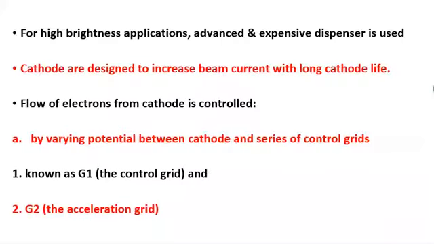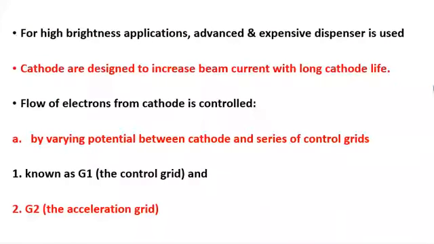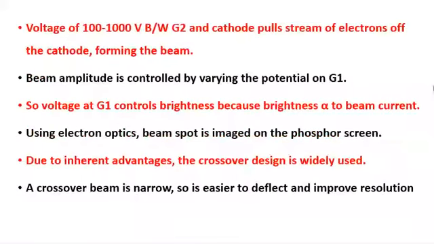That's why we call it the control grid. And G2 is for accelerating the electrons produced towards the first plate where the image is formed. Now the voltage that is used is within the range of 100 to 1000 volts, which is placed between the cathode and G2, which, as you can see here, is our accelerating grid.